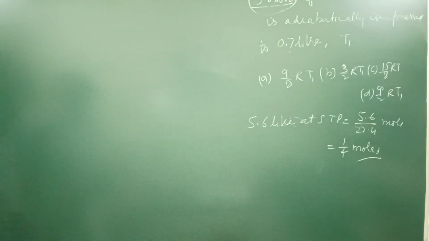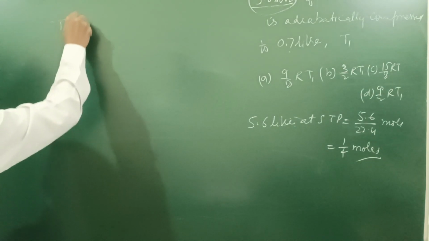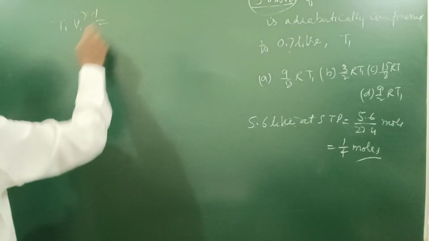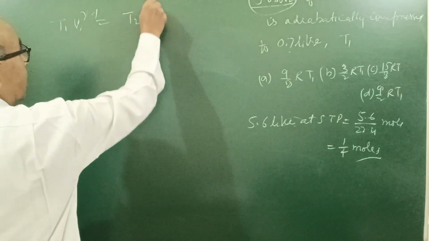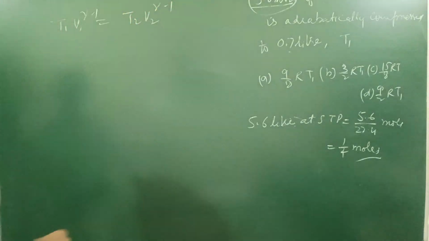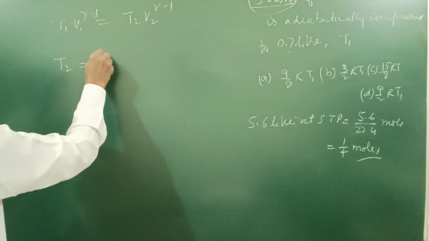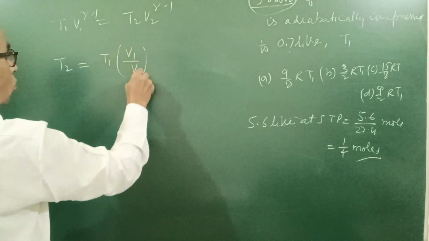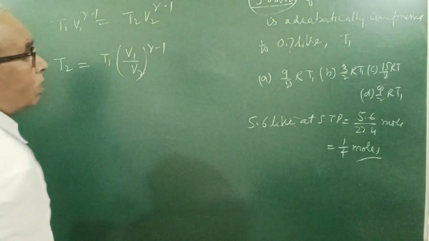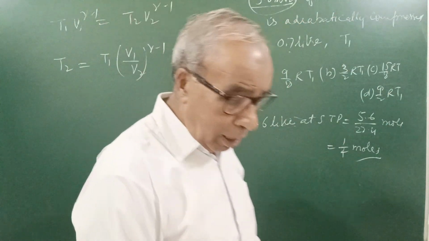Now, T1 V1 to the power gamma minus 1 equals T2 V2 to the power gamma minus 1. So T2 is equal to T1 into V1 upon V2 to the power gamma minus 1. It is helium gas. For helium gas, gamma is equal to 5/3.